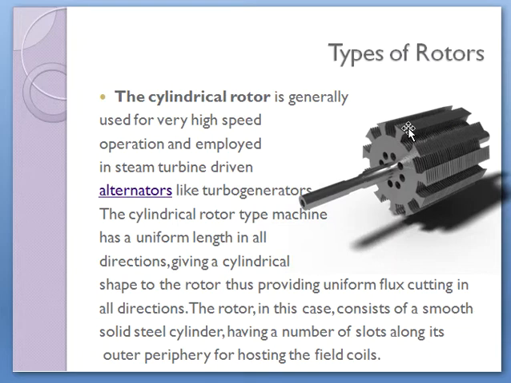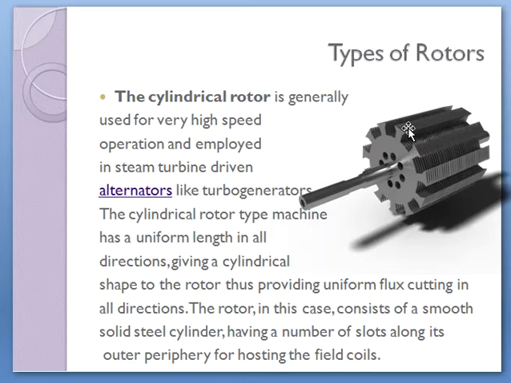The cylindrical rotor, which is generally used in the thermal power plants, they are called as the turbo generators. They are generally used for a very high speed operation. The cylindrical rotor type machine has a uniform length in all directions, giving it a cylindrical shape.